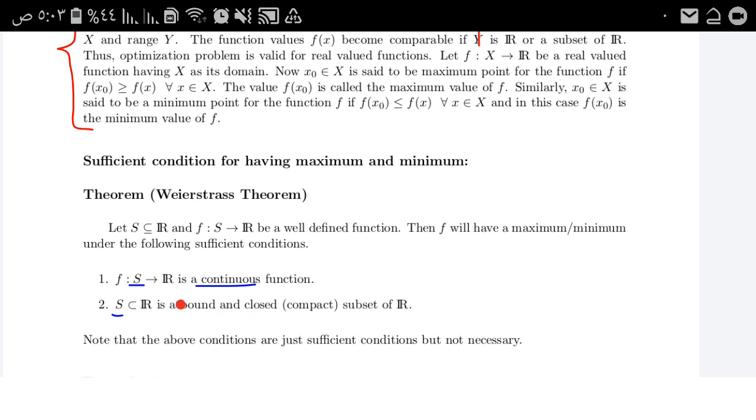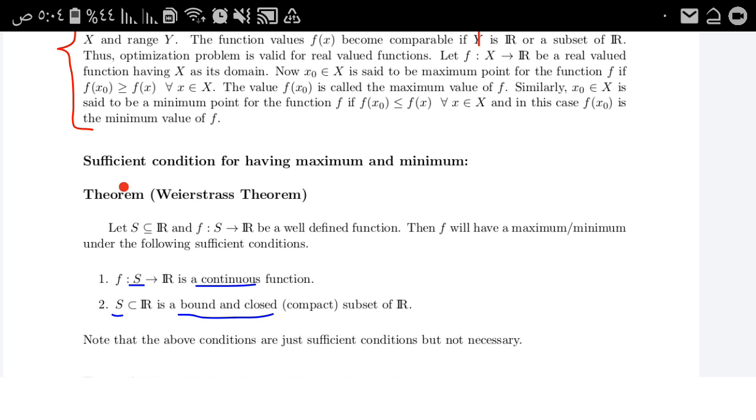As you know, a set that is bounded and closed is called compact in mathematical analysis.